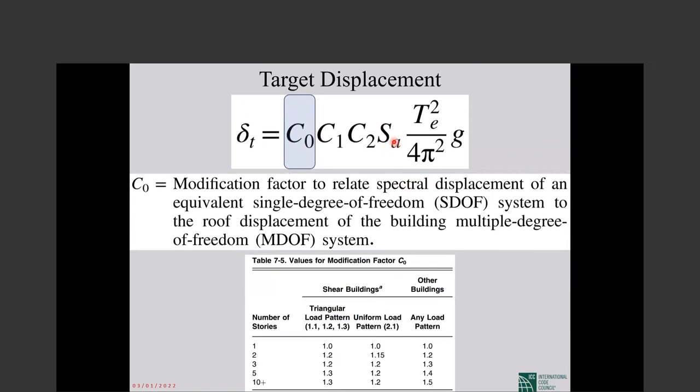But if the building is not a single degree of freedom system, is there a relationship between the displacement of that multi-degree of freedom system and this value that we get from the response spectrum? Because people who have studied dynamics of structures know that the response spectrum is obtained by solving the equation of motion for a single degree system. So the curve is for just a single degree system.